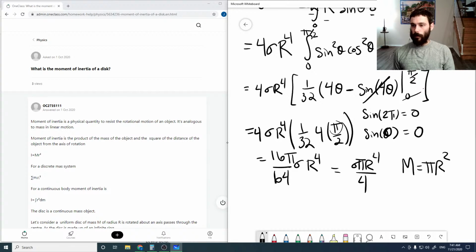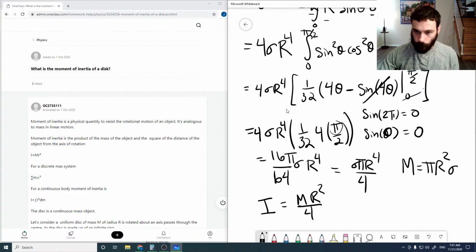Right, so there's that pi I dropped. Pi r squared sigma. So there's our sigma pi r squared, and so then our moment of inertia is m r squared over 4. And so in this case, this is the moment of inertia for a disk rotating about a moment arm that lies through its center.